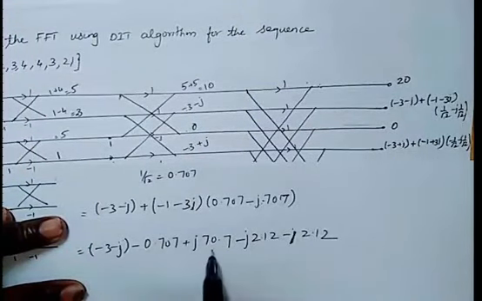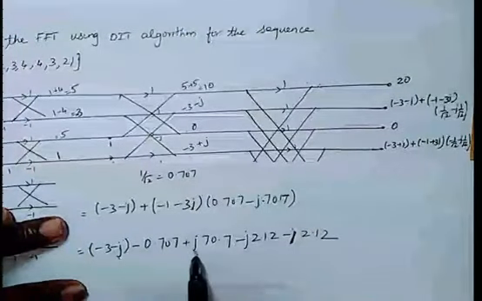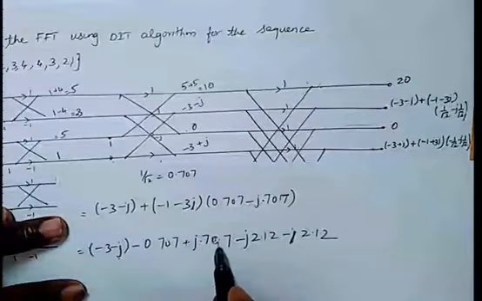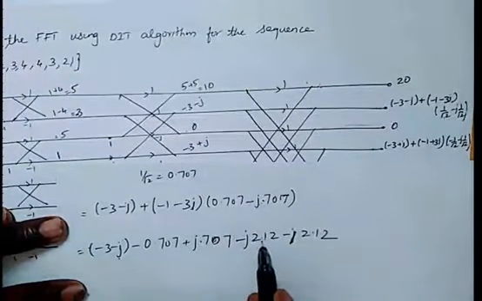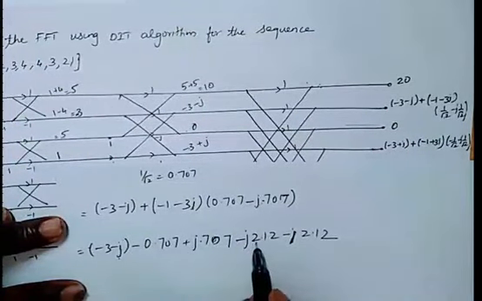So let's solve the j terms first. What we have is plus j 0.707 minus j into 2.12, so it's going to be like 1.414.